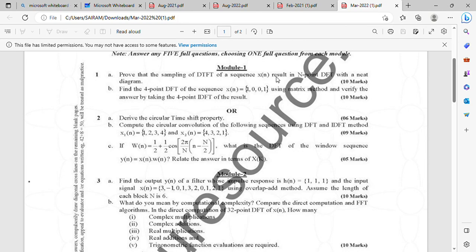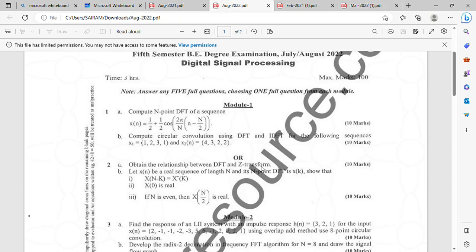You have not got an N-point DFT question over here, or a circular convolution question over here, right? That is why don't believe in any single question and go for an exam, right? Many people do that. You'll think that the order will be the same. You don't know what order the questions come in, right? See, this question might be in, just a minute, I'll just check it out.